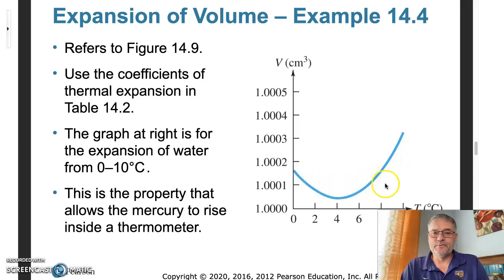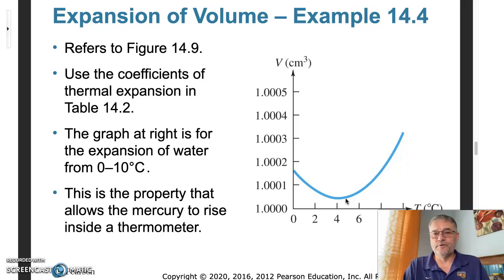But in this case, what will happen is the coldest water, the densest water, will settle at the bottom of the lake, which is 4 degrees Celsius, and it doesn't freeze. I ask sometimes a question on a test, what is the temperature on October 5th at the bottom of Lake Superior, the lake north of Michigan?